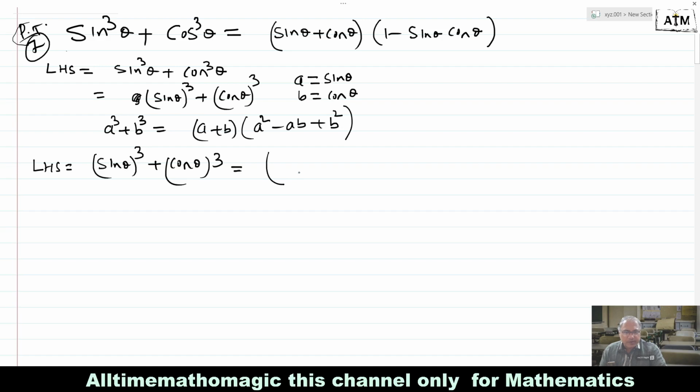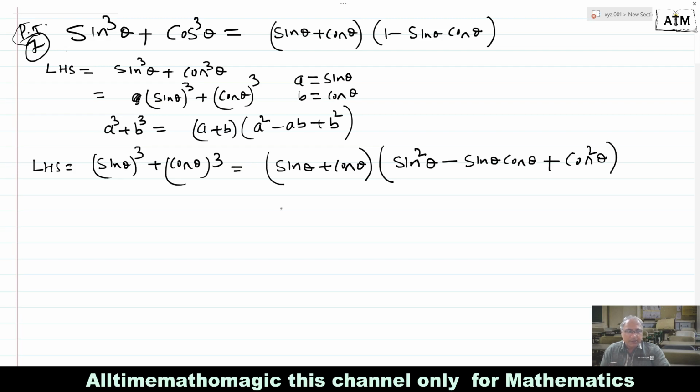So in the first bracket, a plus b, that is sin theta plus cos theta, bracket close. In the second bracket, a square, that is sin square theta, minus ab, that is sin theta multiplied by cos theta, plus b square, that is nothing but cos square theta.